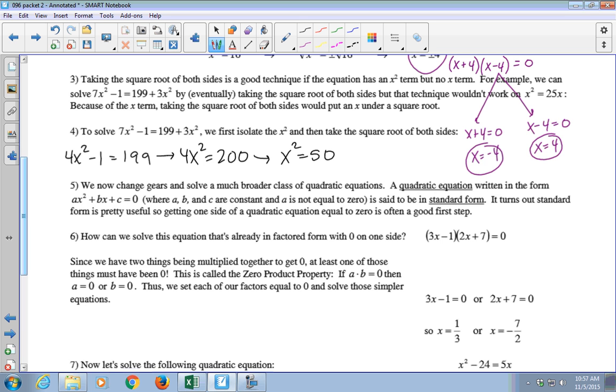So this is the new step that we just learned. Square root, put a plus or minus on the number side, and you get x equals plus or minus the square root of 50, which can be simplified, right, because we already know how to do this. 50 can be rewritten as 25 times 2, and you can take the square root of 25, so it's plus or minus 5 root 2.